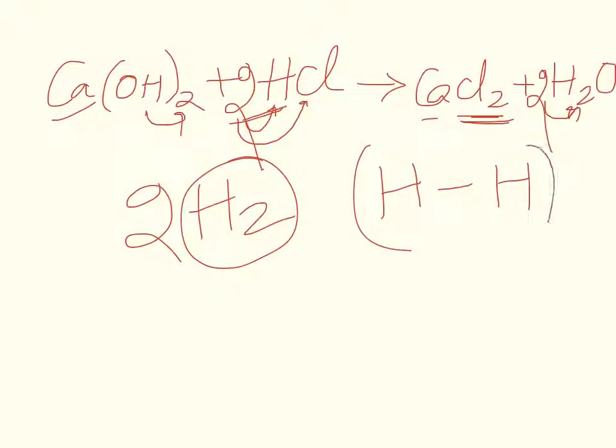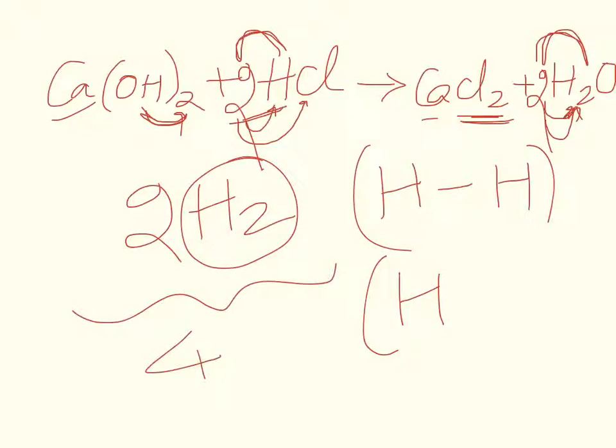Like that, there are 2 H2s now. So that means there are 4 hydrogen atoms here, and there are 2 hydrogen atoms here and 2 hydrogen atoms here. So there are totally 4 hydrogen atoms on the right hand side and 4 hydrogen atoms on the left hand side, right?